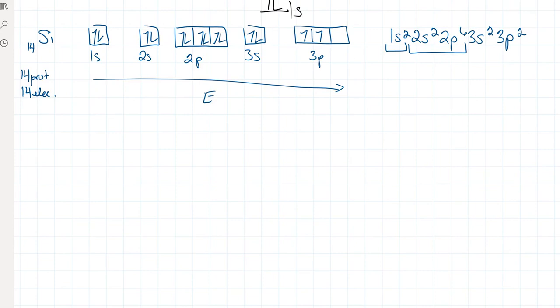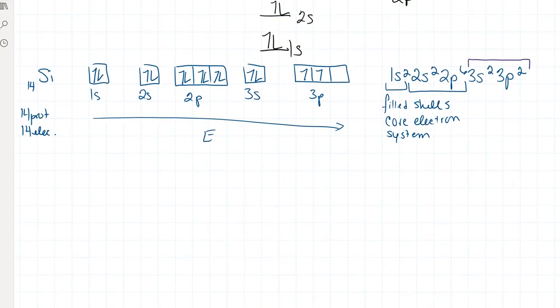Whenever there's a filled shell, we call this part of the core electron system. Anytime we have these filled shells, it's the core electron system. The electrons that are left over, not in the completely filled shells, we're going to call valence electrons.